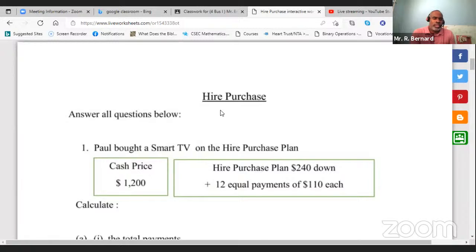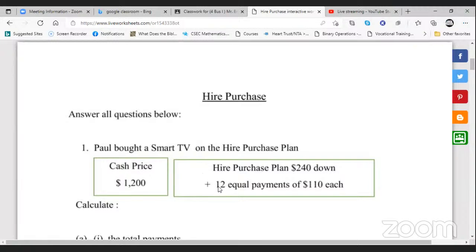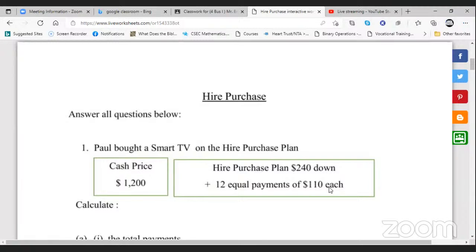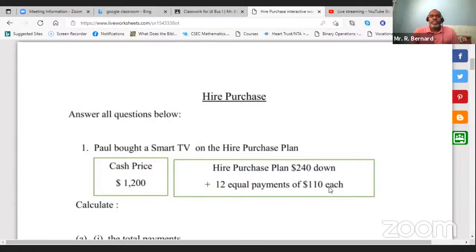You miss out something there. Oh, 12, sorry. Plus 12 equal payments of $110 each. You have to finish the sentence. If you don't finish the sentence, you're not going to understand the full thing, right?